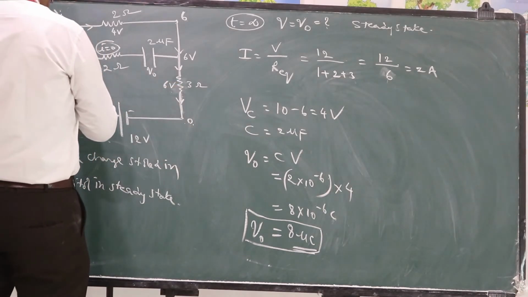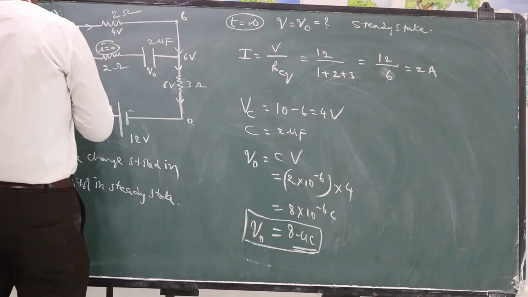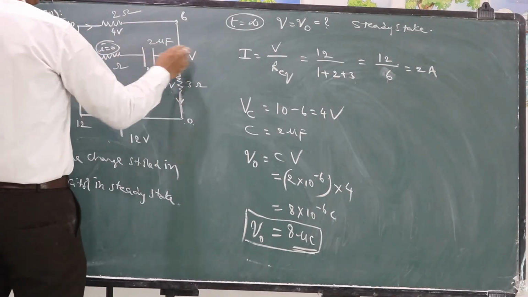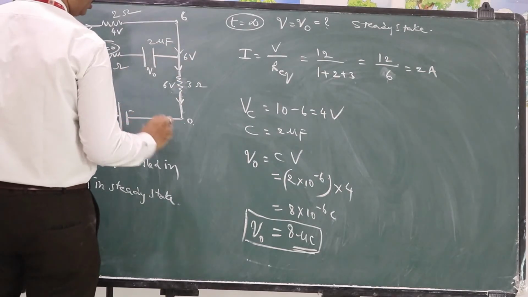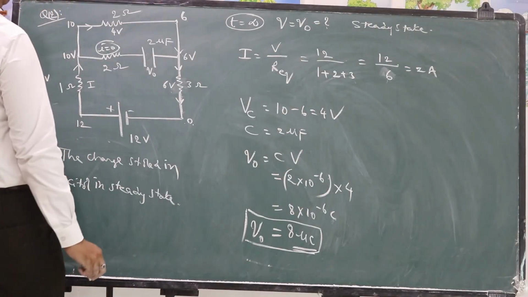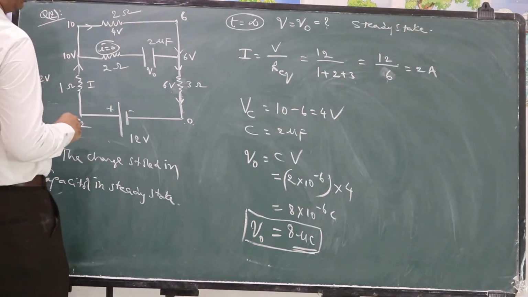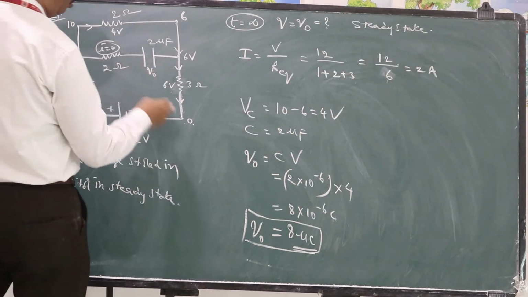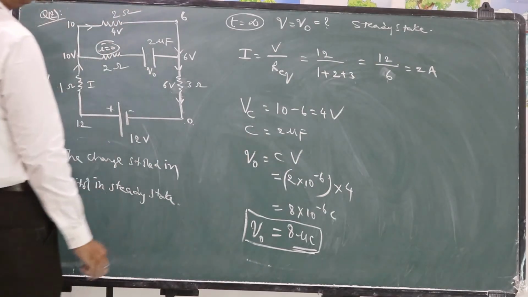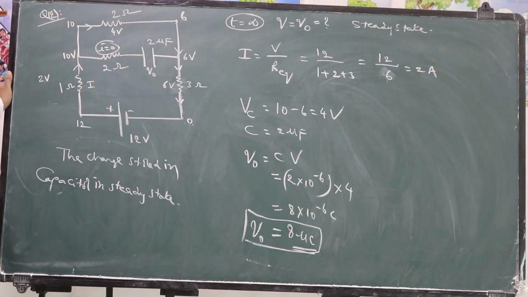Clearly, these 2 points are having 10 volts and 6 volts. The potential difference between the plates is 4 volts, and no potential drop is observed at the 2 ohm resistor. The charge stored here is given by Q equal to CV. So 8 microcoulomb is the charge stored in the capacitor at steady state.